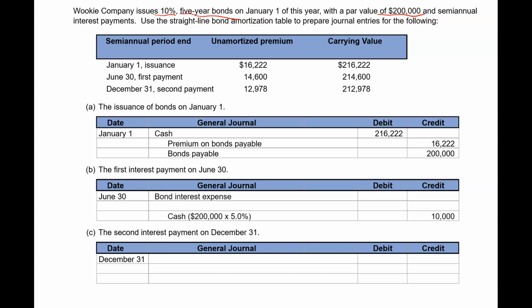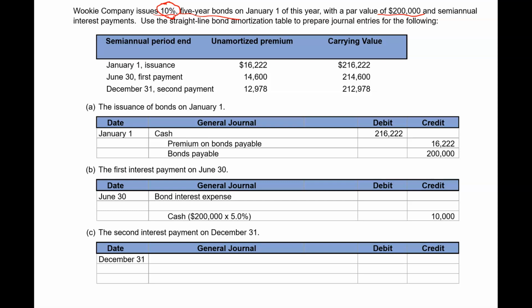Okay, the first interest payment. Take the par value of the $200,000 times 5%. It is a 10% bond, but again, this is for half a year. So half a year, so it's only 5%. Or you can take 200,000 times 10% times 1/2, and that will give you your 5% anyway.